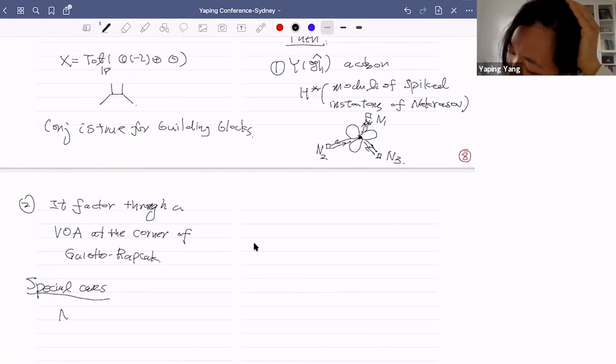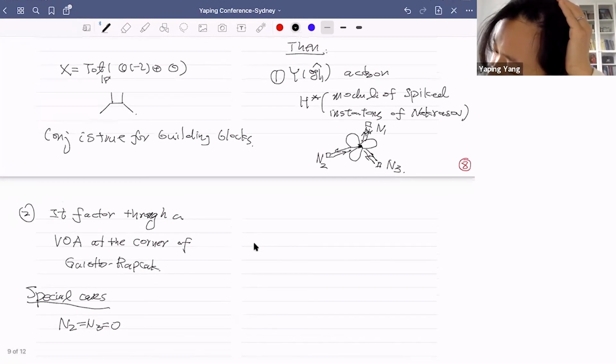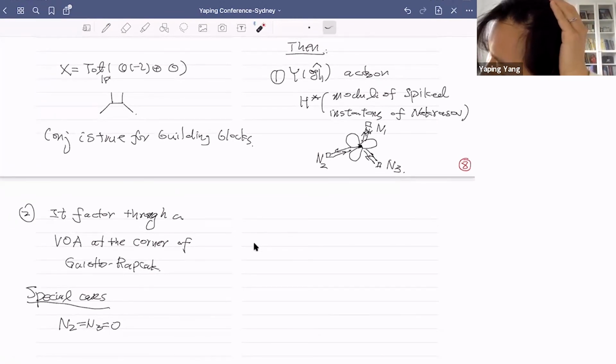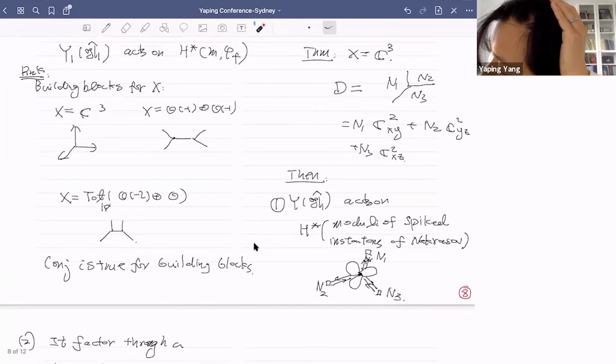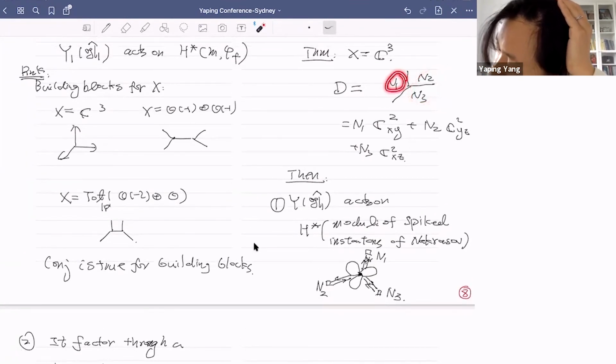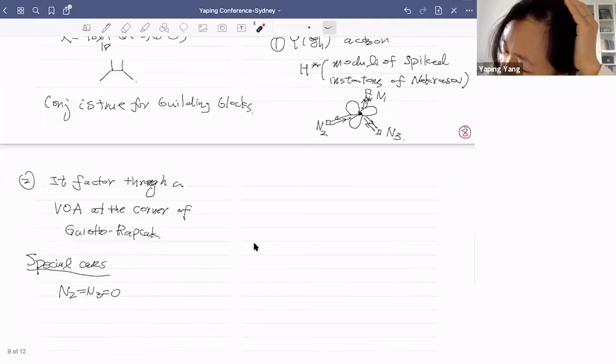So if I'm taking N2, N3 to be 0, this divisor will be supported on C2 only. So those two are 0, and I will see a divisor C2.